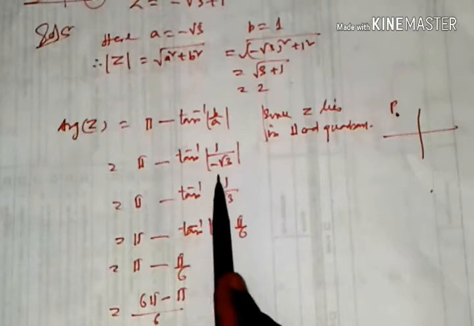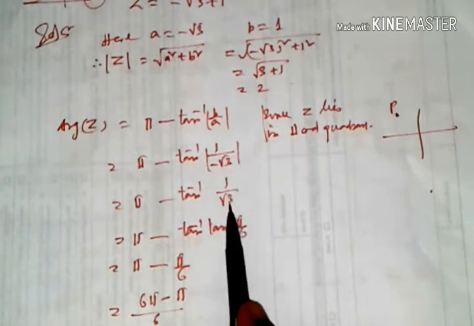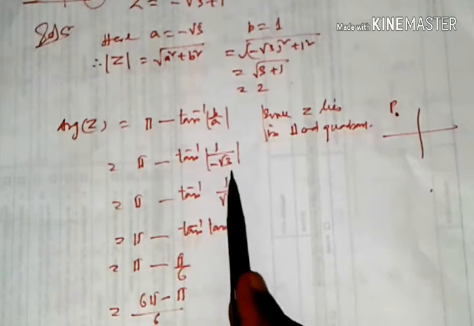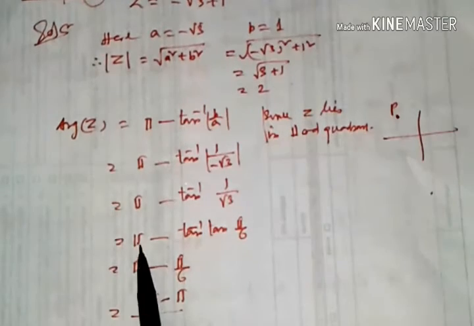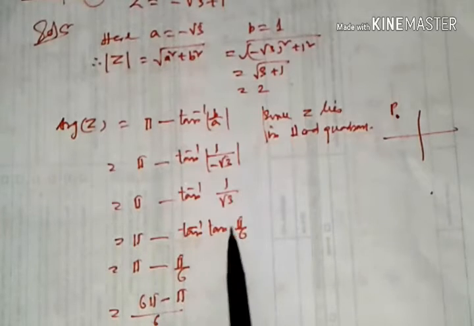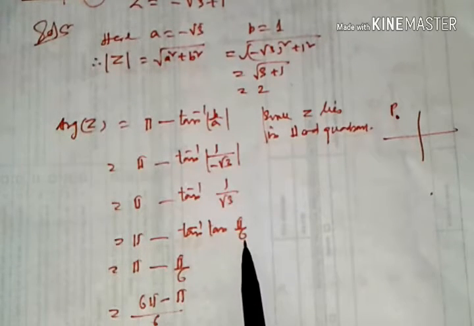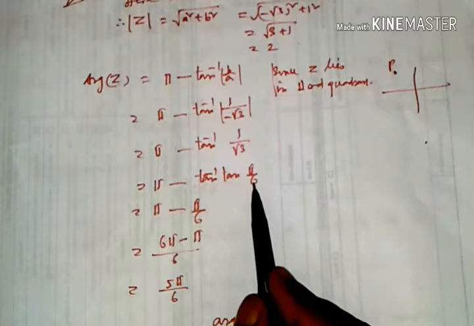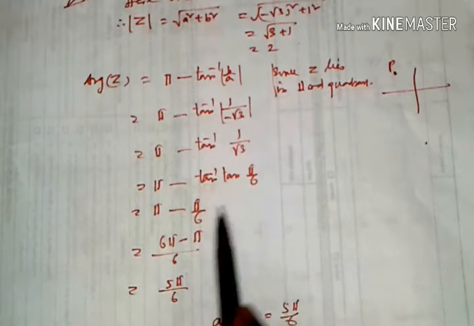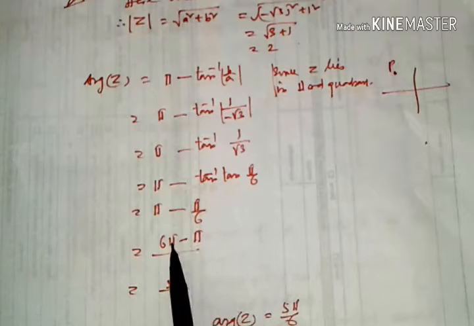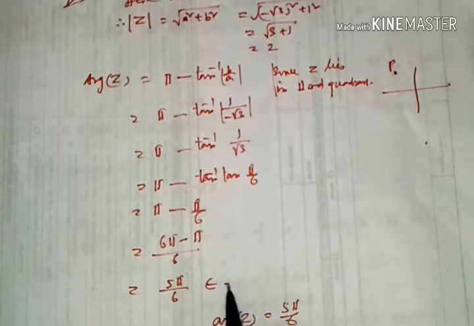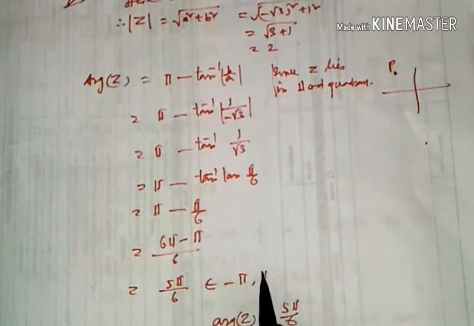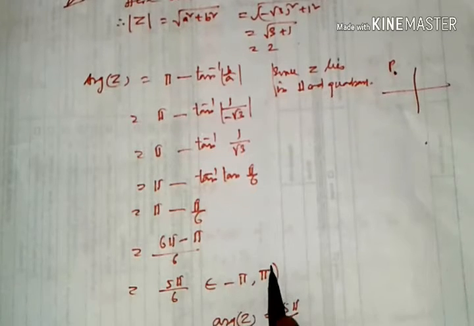Tan inverse 1 by root 3 is 30 degrees, which is pi by 6, therefore pi minus pi by 6, that is 5 pi by 6, and it is between minus pi and pi.